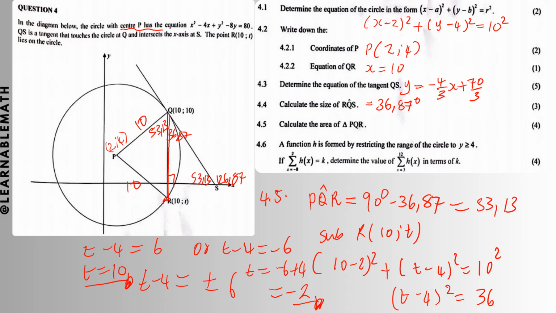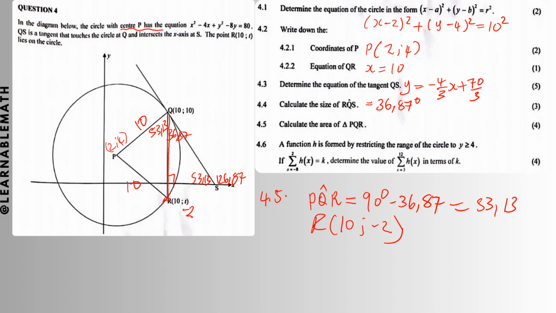Okay, so obviously we have to choose either t is positive or negative. T is the y value. In this case, it's on the negative side. We'll choose the negative one, which is minus 2. Okay, let me just delete some of the things here for space. So we now have R, which is 10, minus 2. So the distance RQ, because it's a horizontal line that is perpendicular to the x-axis, the distance there is like the distance of y.